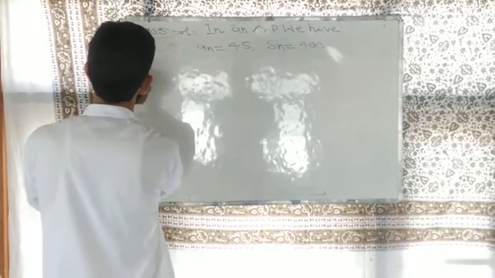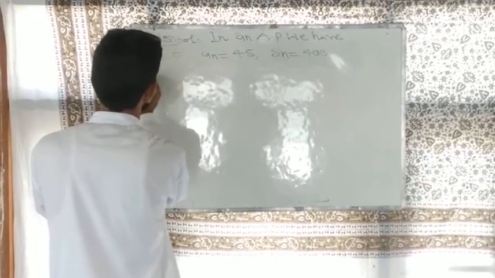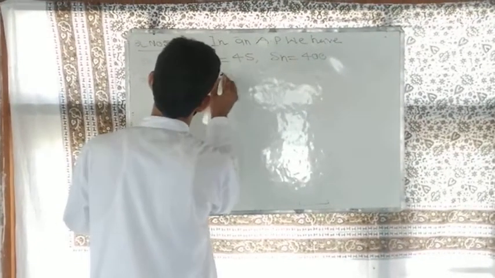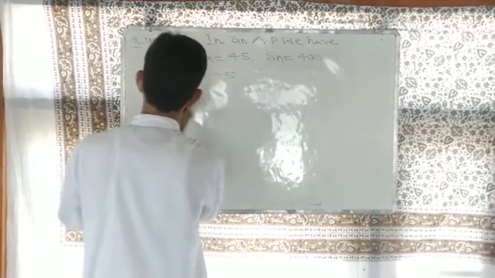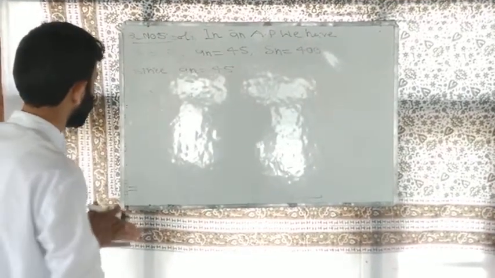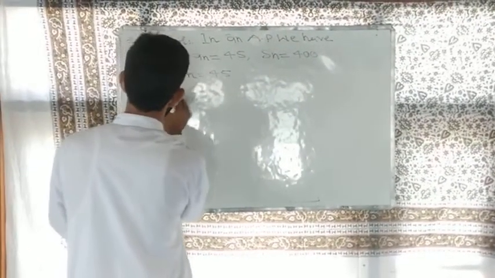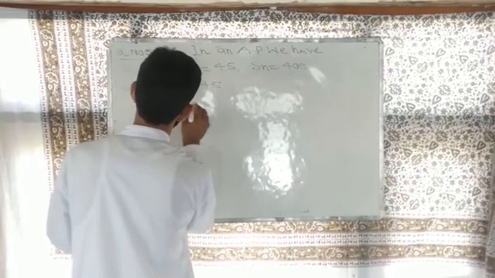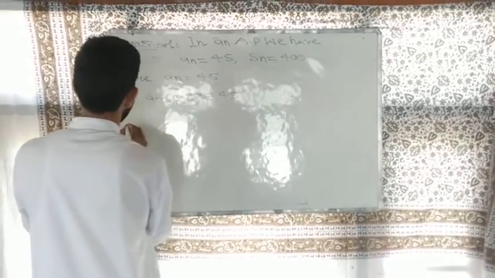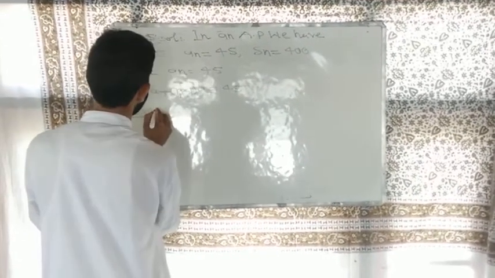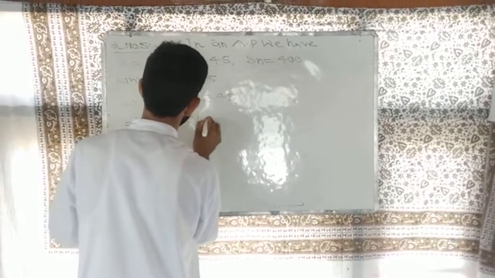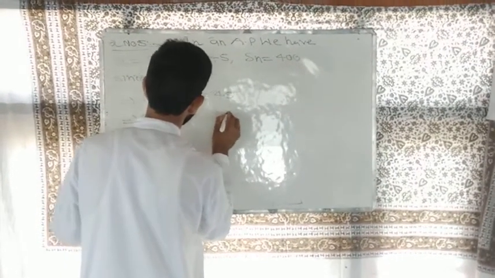Solution. A_n is equal to 45. Our formula is A plus (n minus 1) into D, so A plus (n minus 1) D is equal to 45. A is given as 5, so 5 plus (n minus 1) D equals 45.